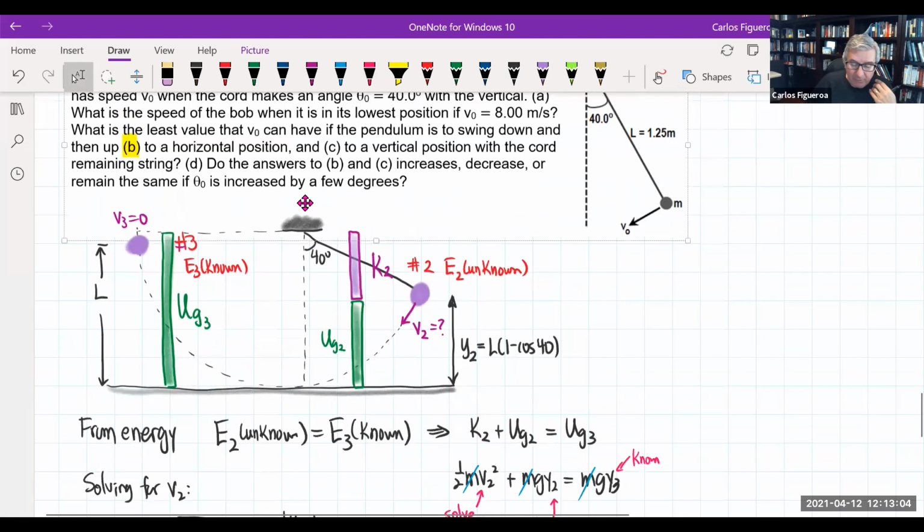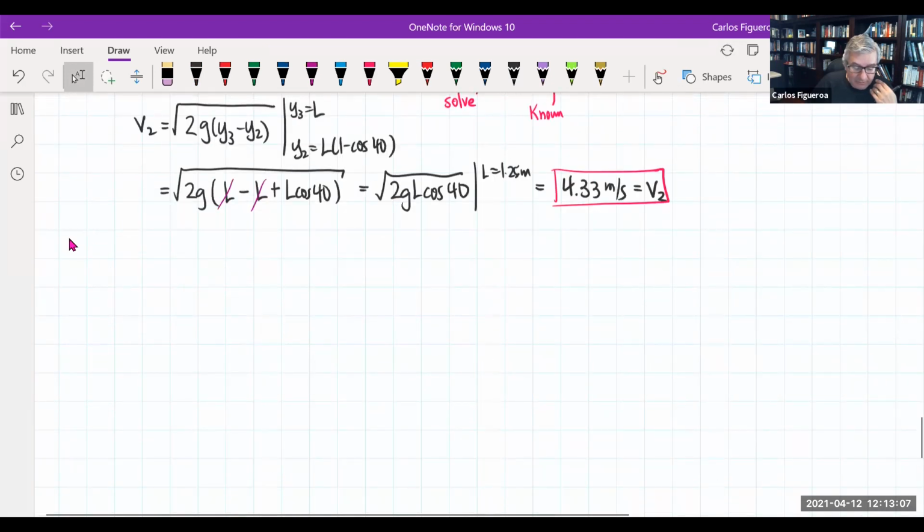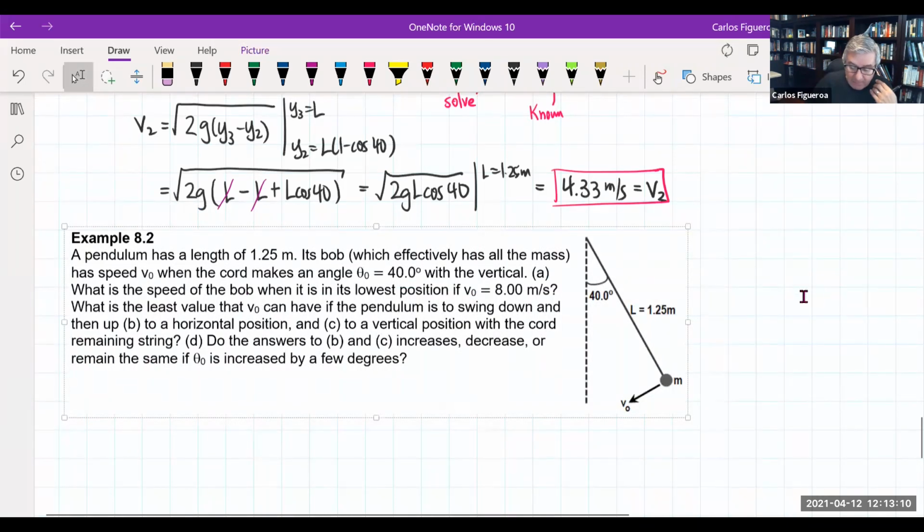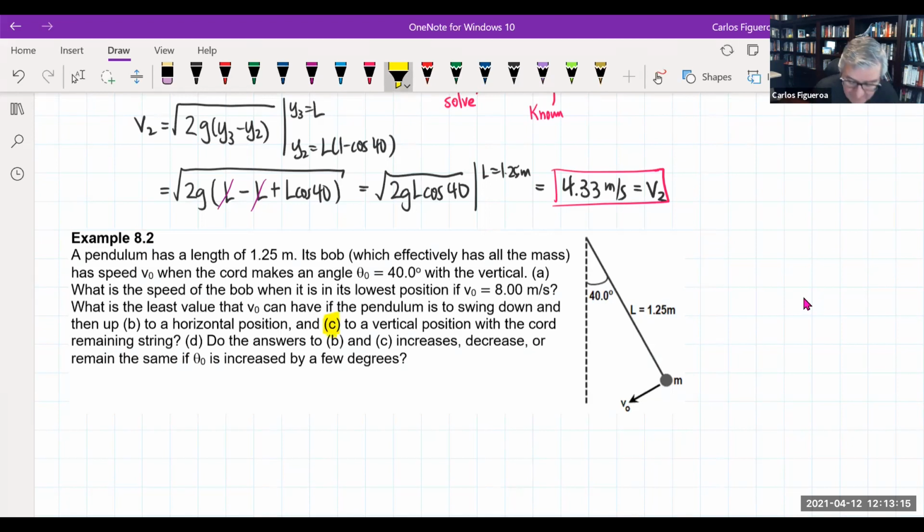Now we come to the tricky part, which is part C. In part C, it's going to go to a vertical position. If it goes to a vertical position, now we have to worry about something: the speed can't be 0 at the very top.